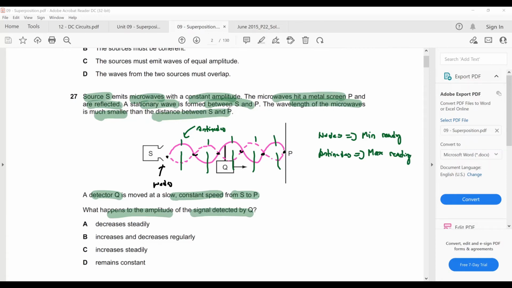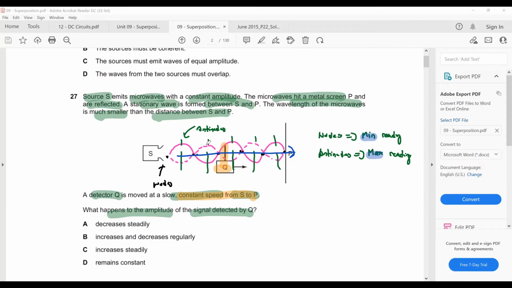You have a detector Q right now. They're telling you that your detector is moving at a constant speed from S to P, meaning it's moving like this. Over the time that it's moving, it will hit the nodes and the antinodes. So you're going to have minimum reading and maximum reading alternating with each other.